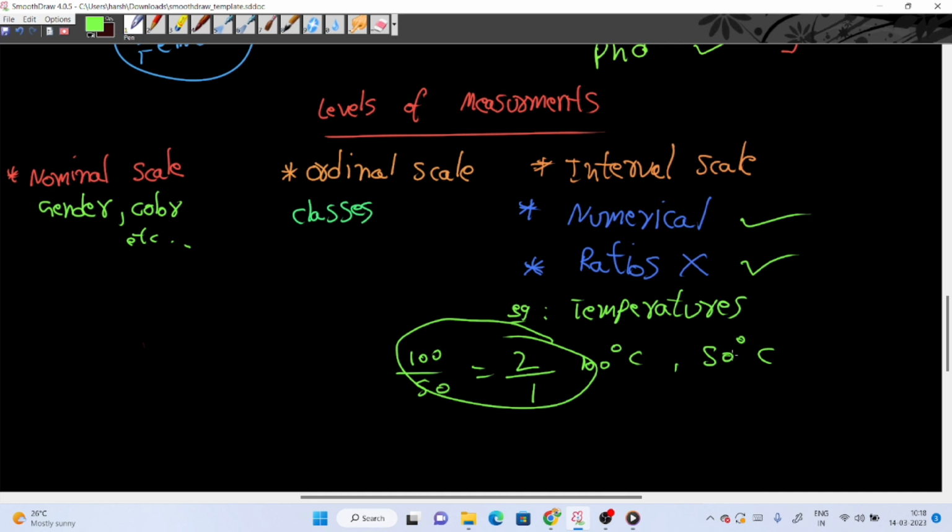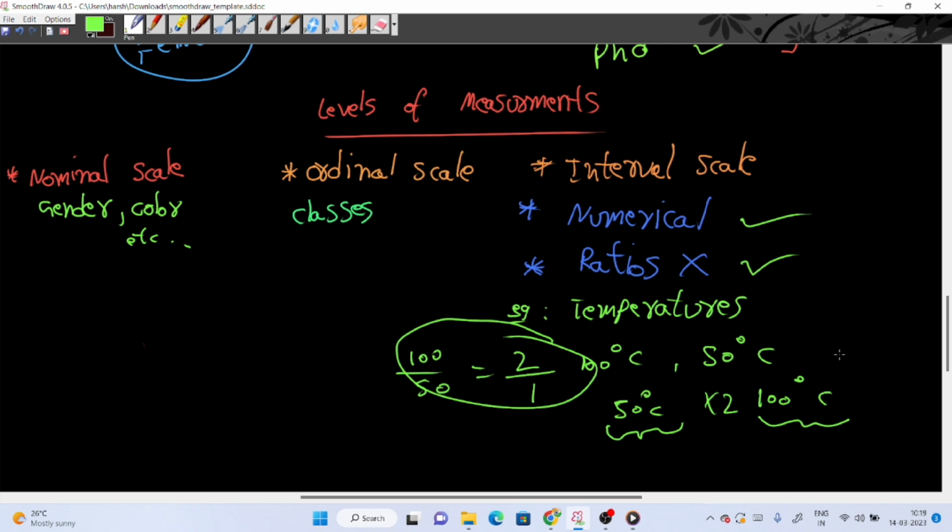If I take 50 degrees Celsius and 100 degrees Celsius, there is no guarantee that the temperature at 100 degrees Celsius is exactly double the temperature at 50 degrees Celsius, because it is just a measurement of temperature and there is no specific proof or theory that 50 degrees Celsius is half of 100 degrees Celsius.